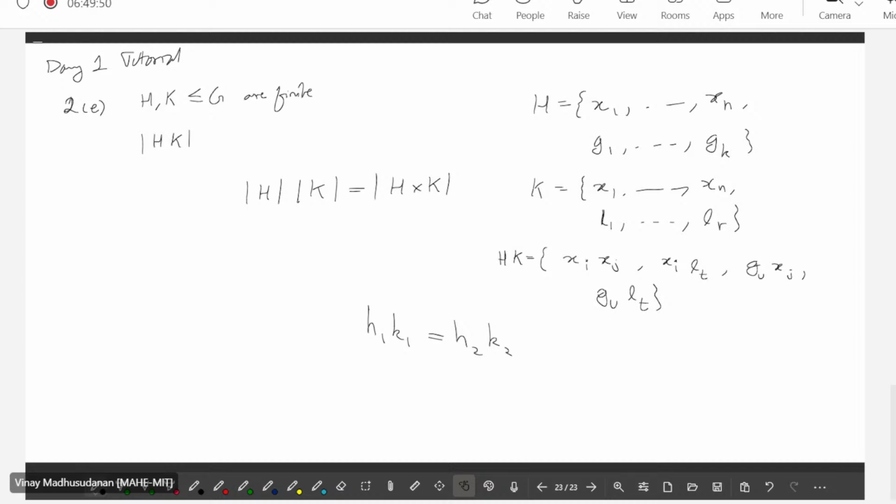H1 K1 as an ordered pair is not equal to H2 K2 unless H1 equal to H2 and K1 equal to K2. So in that case, there is no danger of repetition or overcounting.